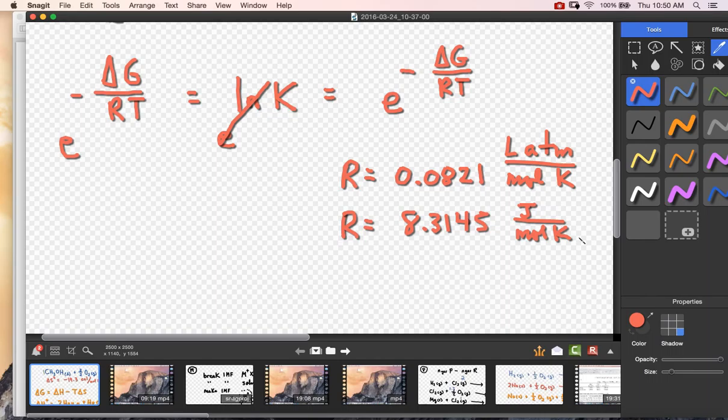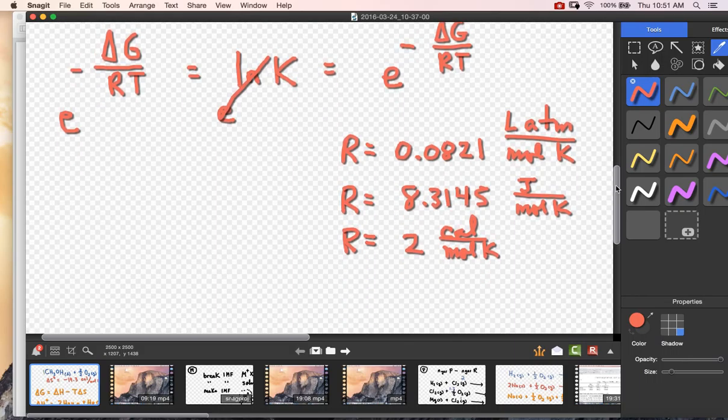And 1 calorie is 4.184 joules. So in terms of calories, which is what is relevant here, it's going to be 2 calories per mole Kelvin. Now that's a bit of an estimation. I think it is actually like 1.99. So rounding to 2 is just fine, and it makes the math a little bit easier if you're estimating.